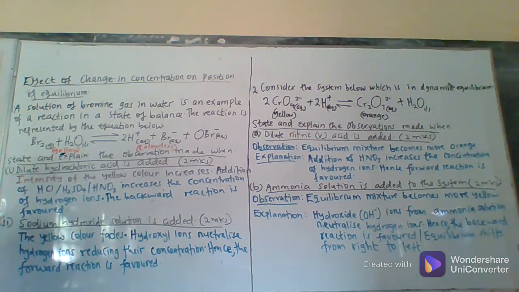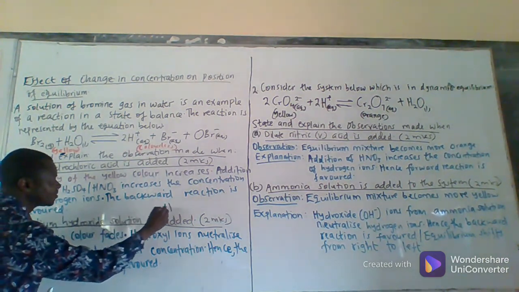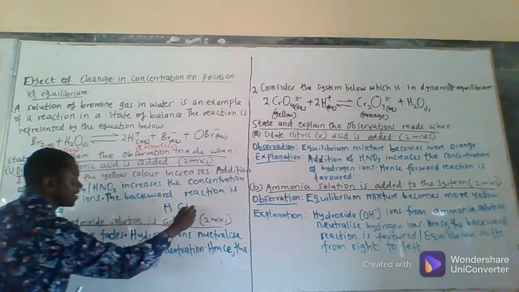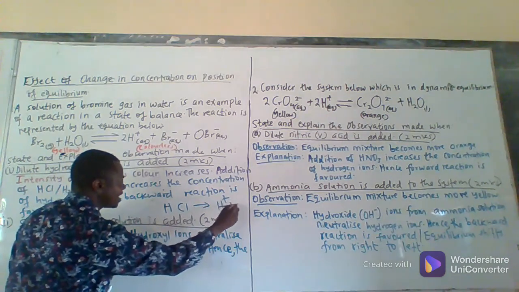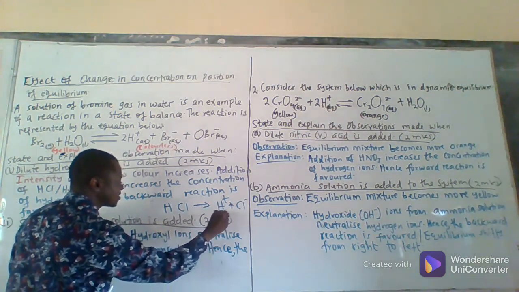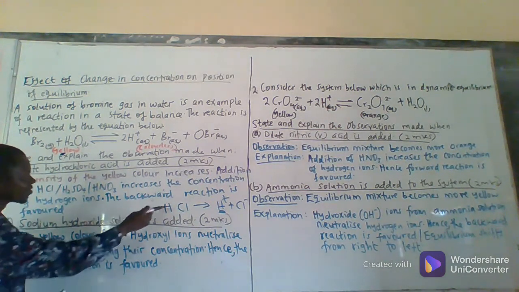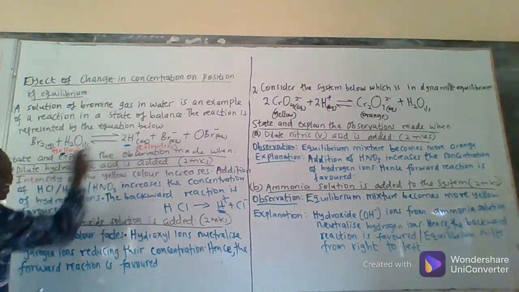Hydrochloric acid consists of HCl, and in water it ionizes to form hydrogen ions and chloride ions. So you find that hydrochloric acid has hydrogen ions. So when you add hydrochloric acid to this system, it's like you're adding hydrogen ions.